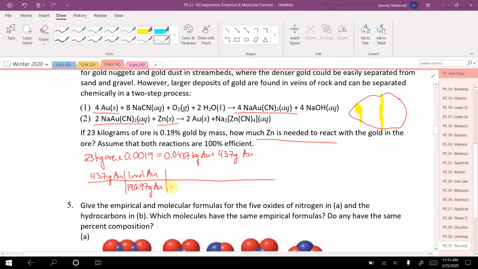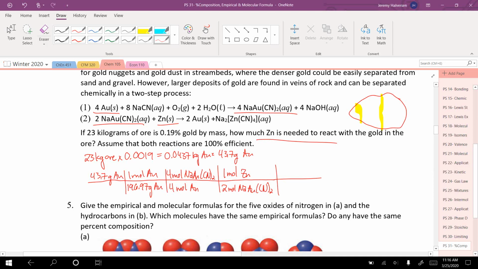So I know from the first reaction that 4 moles of gold make 4 moles of NaAu(CN)2. The second reaction tells me that 2 moles of NaAu(CN)2 requires 1 mole of zinc.